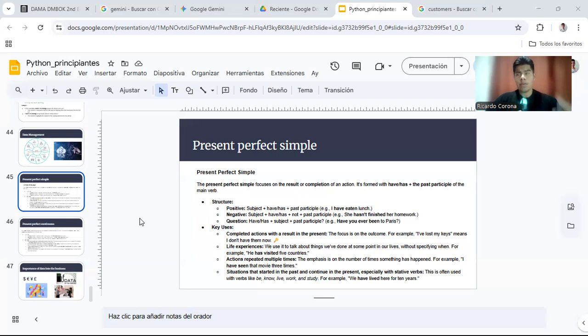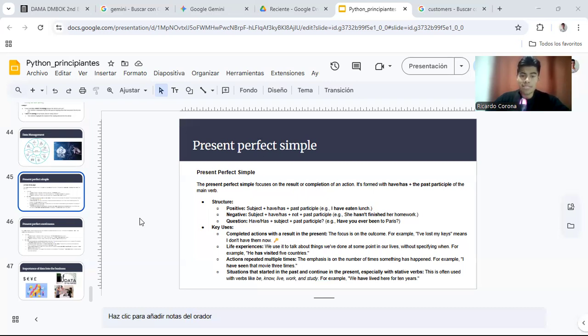This definition is important because it means we use present perfect simple when we complete an action or finish doing that action.